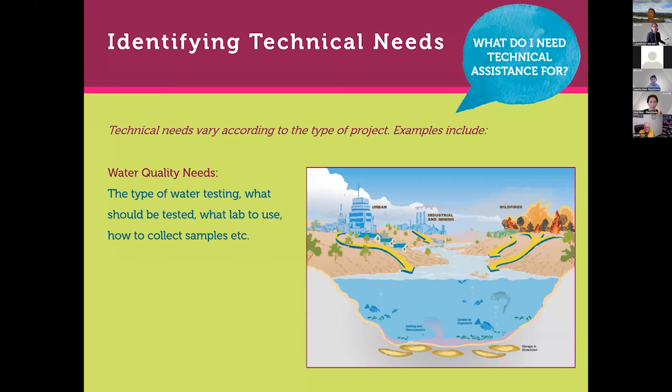These slides are by category, what kind of water need you might have. These are just some examples of needs that you might already be seeing in your water systems or even just at home. And that leads into what kind of technical assistance can be provided. In terms of water quality, there might be questions about what kind of water sampling and testing needs to be done, what constituents should be tested for, how to find a lab to use, how to collect samples.